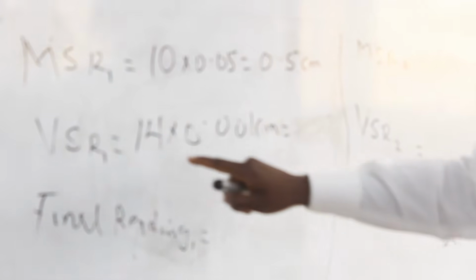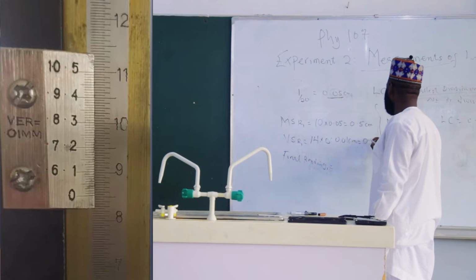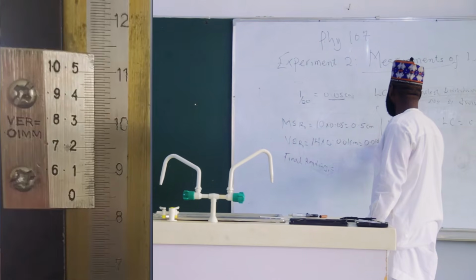So if we multiply 14 by 0.001 centimeter, which is our least count, we are going to get 0.014 centimeter.